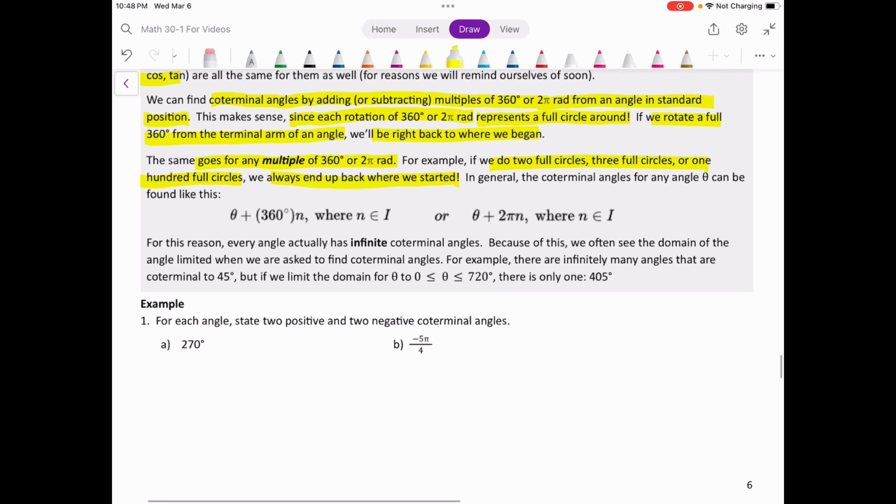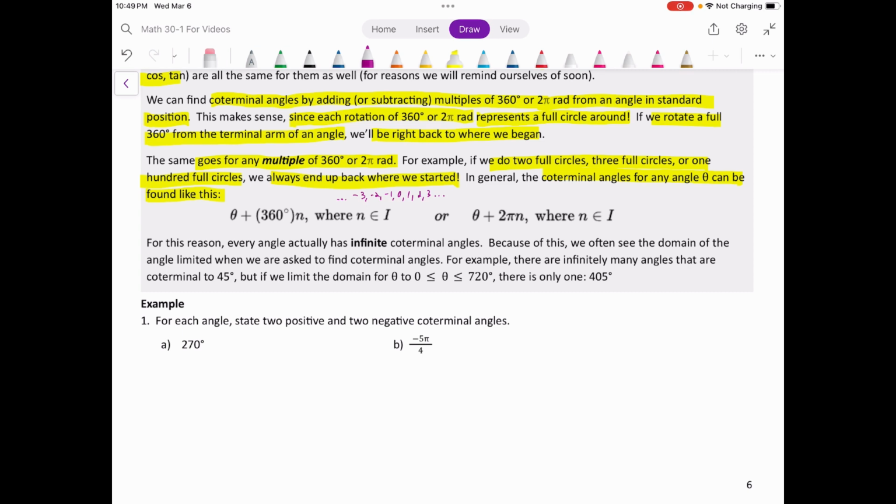So in general, the coterminal angles for any angle theta can be found like this. Okay, take your angle and add some multiple of 360. So theta plus 360n, where n is just an element of the integers. So remember, the integers are the whole numbers, but including negatives too. So like -3, -2, -1, 0, 1, 2, 3, but not like 2.5 or 1/2, right?